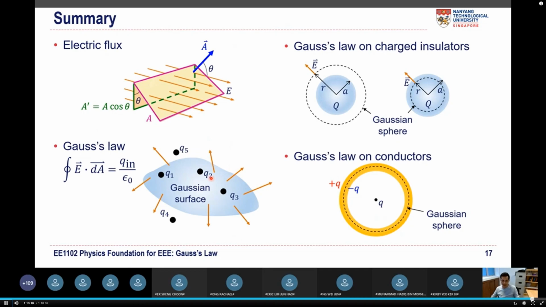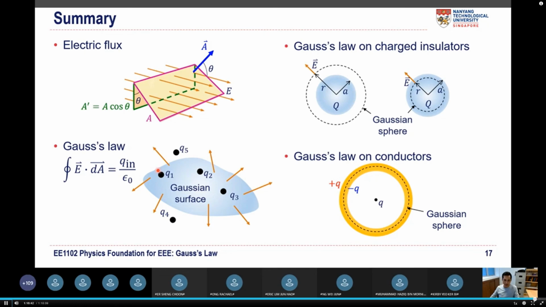If not, then I think we will summarize the lecture. Let's start the summary. We've talked about flux. Flux, as I said, is the total number of electric field lines passing through a particular area. We've also discussed Gauss's law.